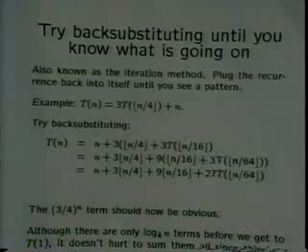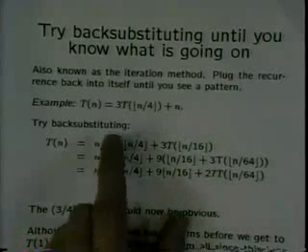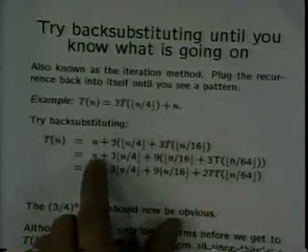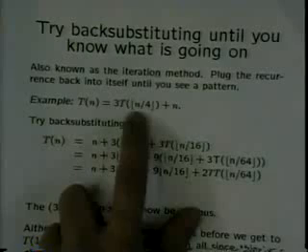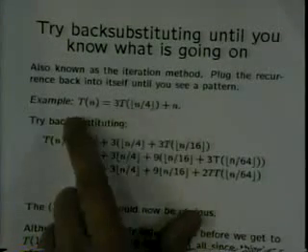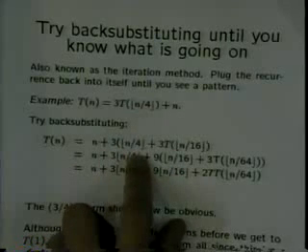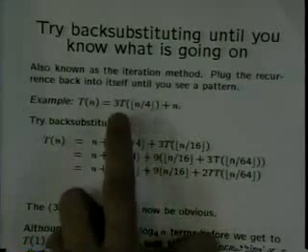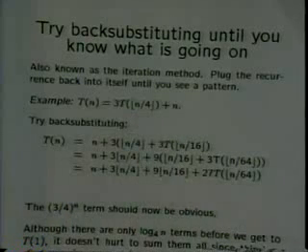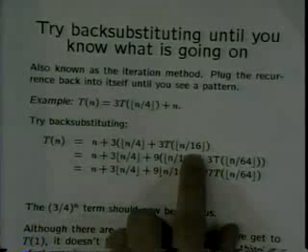What is T(n/4)? Well, T(n/4) is going to be the argument term, which is n over 4, plus 3 times T of the argument term over 4, which is n over 4 over 4, meaning n over 16.